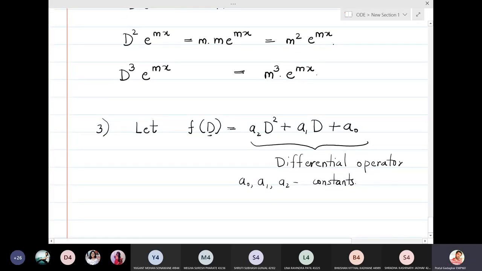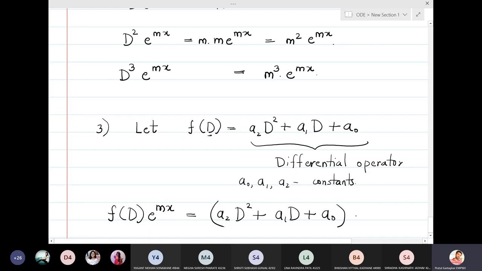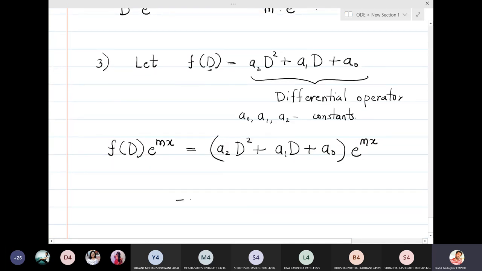Now let me calculate what is f of D e raised to mx. So just substitute, which is (a2 D square plus a1 D plus a naught) e raised to mx, which is equal to a2 D square e raised to mx plus a1 D e raised to mx plus a naught e raised to mx.